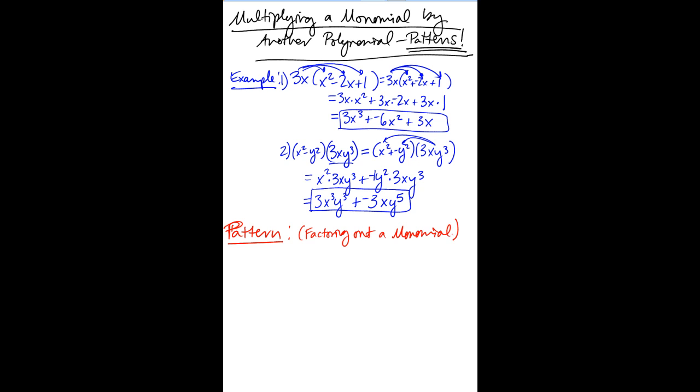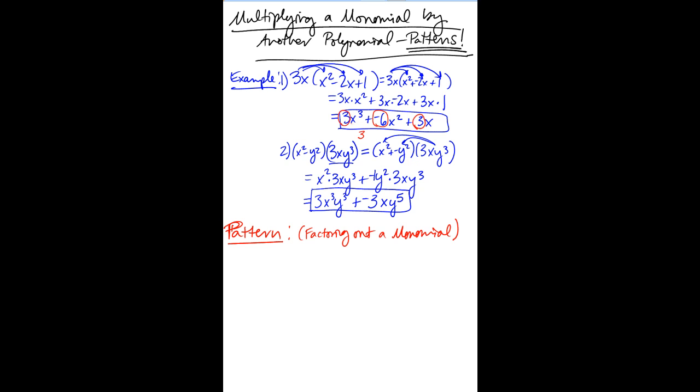Well, notice that if I have something where I can pull the same thing out of every single piece, then I can go back to the form with a monomial. Notice here in this first example, I can pull a 3x out of every single piece. This is divisible by 3, this is divisible by 3, this is divisible by 3. So I know I can pull a 3 out.